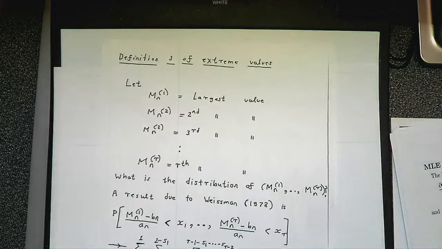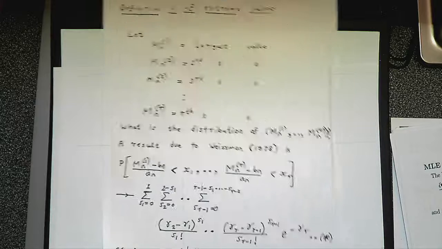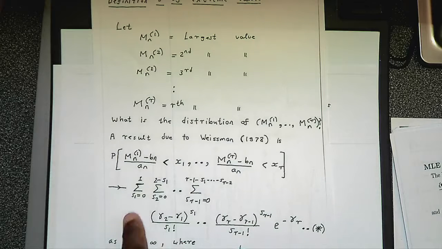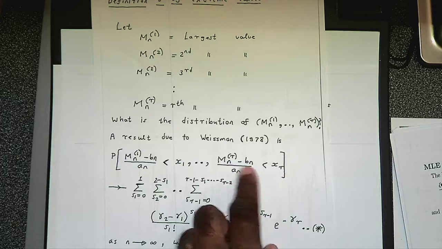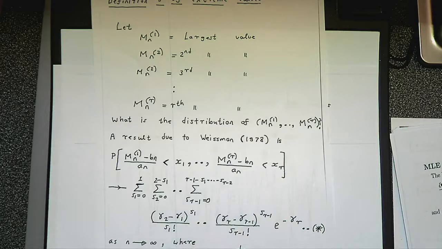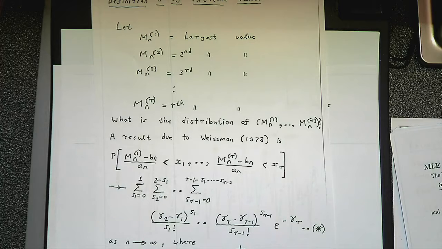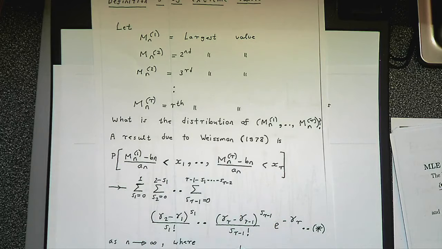Definition 3 of extreme: you pick the R largest data points, and because you have more than one, you're looking at the joint distribution of the scaled versions of the R extreme values. It approaches something very complicated like this as n approaches infinity, and this result is due to this person here, 1978.